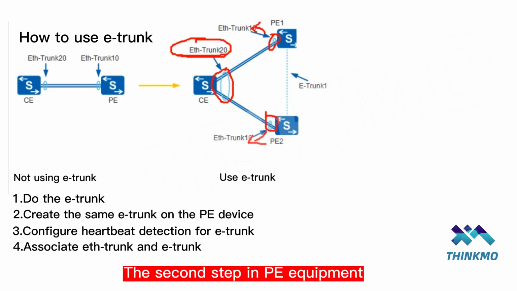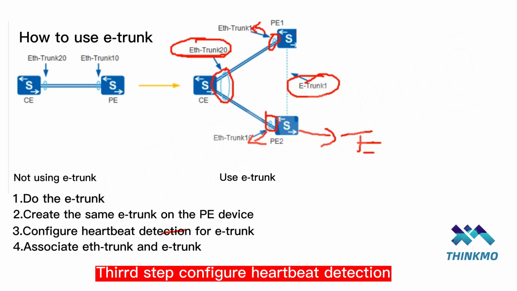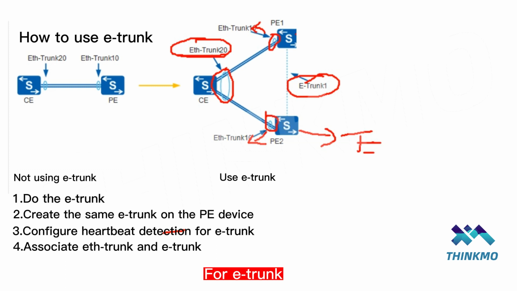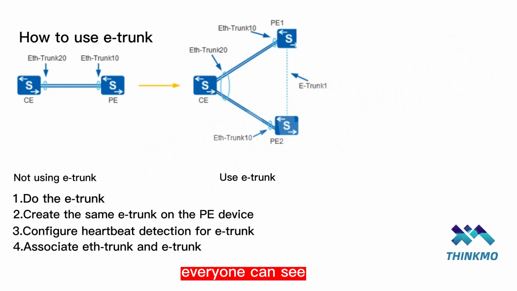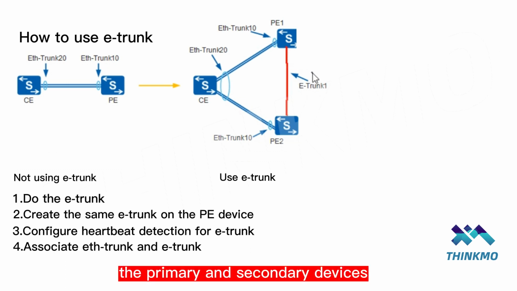The second step, on the PE equipment, create the same E-trunk. The third step, configure heartbeat detection for the E-trunk. Everyone can see that on both devices P1 and P2, there is a dotted line in the middle. This dotted line is the heartbeat line. It is used to detect the primary and secondary devices.